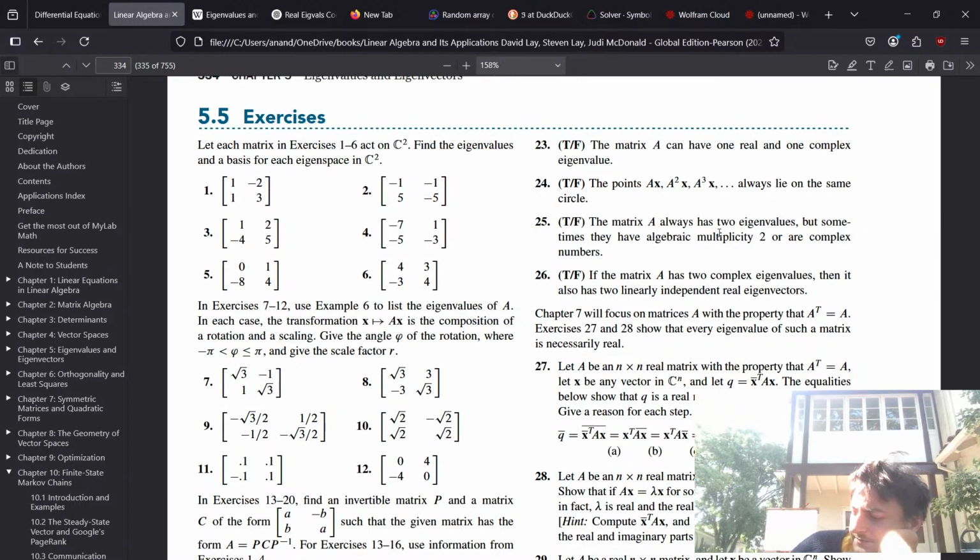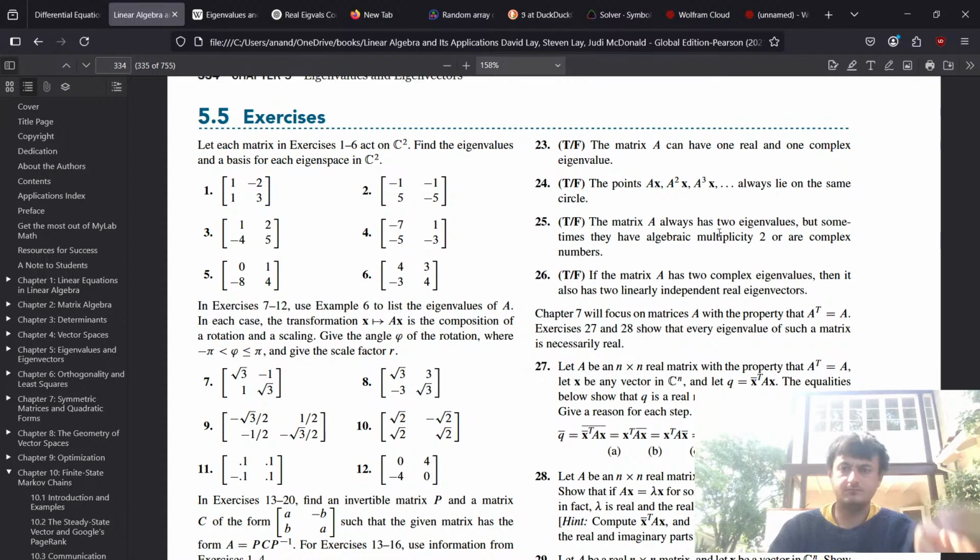Yeah, that's true. The matrix A has 2 complex eigenvalues. Then it also has 2 linearly independent real eigenvectors. What? I don't know.